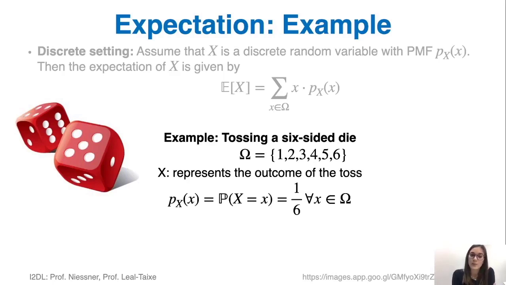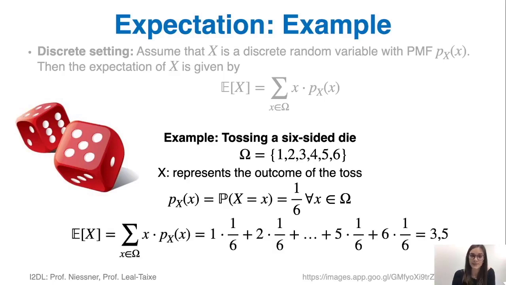And we know that our probability mass function, the probability that our random variable equals a specific element in our omega, equals 1/6 because we have a fair die. This is for all elements in our sample space omega.